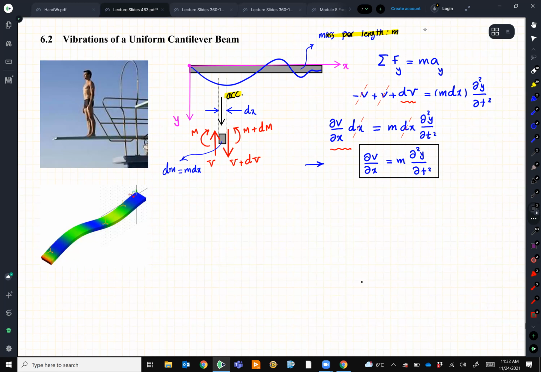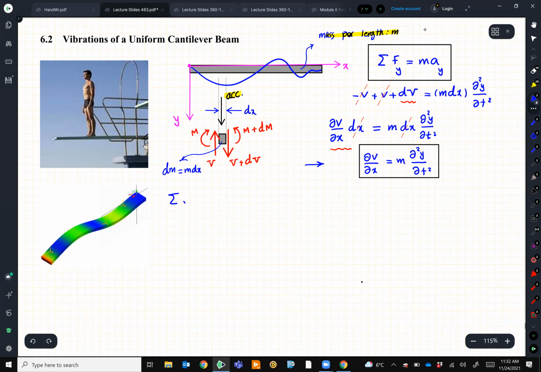So we dealt with V, now let's deal with M. For M, and remember, the previous one was Newton's law for just linear motion. Now I need to write Newton's law for rotation, or the Euler law. Sum of the moments is equal to I alpha.